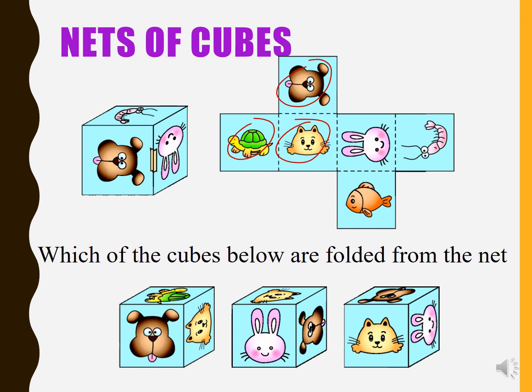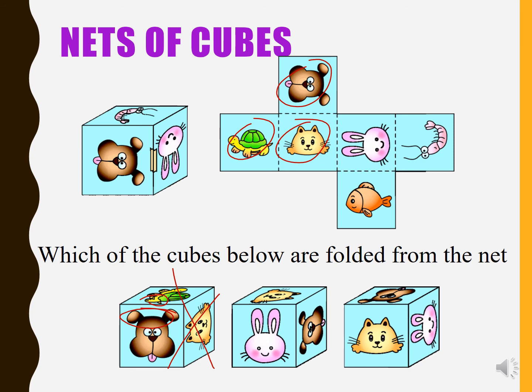They are next to each other, so it seems to be correct. The second thing you have to check is orientation. Is the ear of the dog pointing to the tail of the turtle? No. So this is wrong.